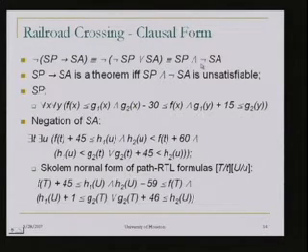I'm going to encode SP and not SA in a type of graph called a constraint graph. SP imply SA is a theorem if and only if SP and not SA is unsatisfiable. I'm proving by contradiction. So SP remains the same, but I need to negate the SA.